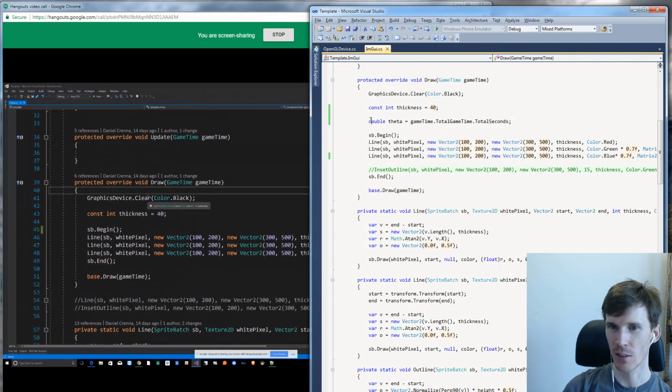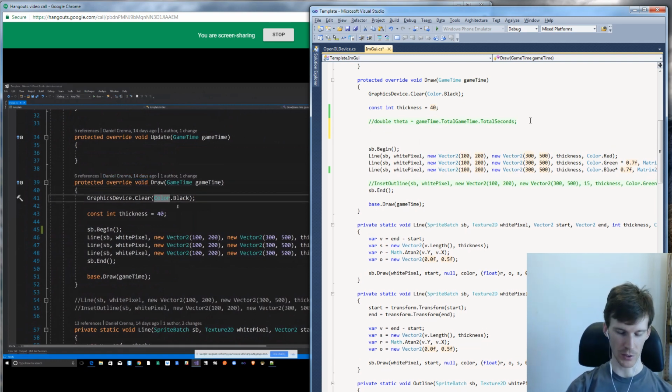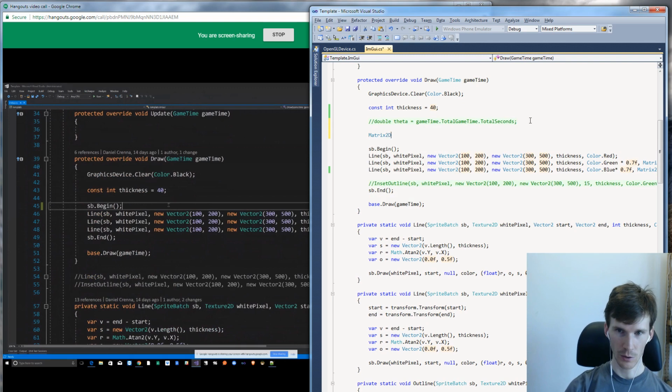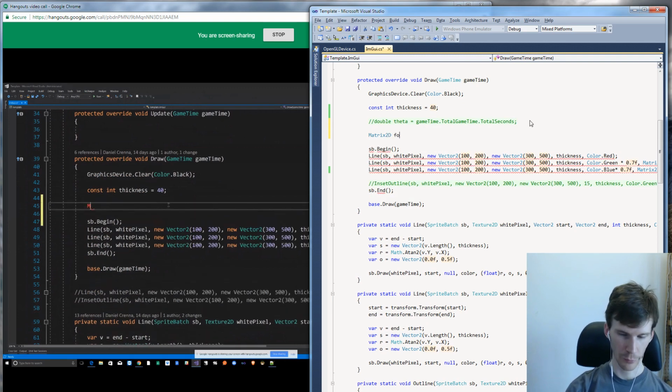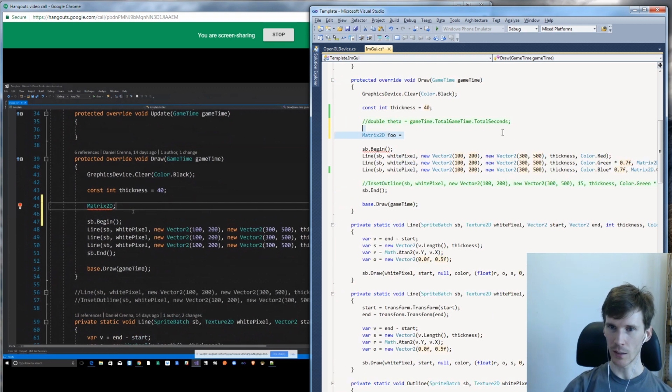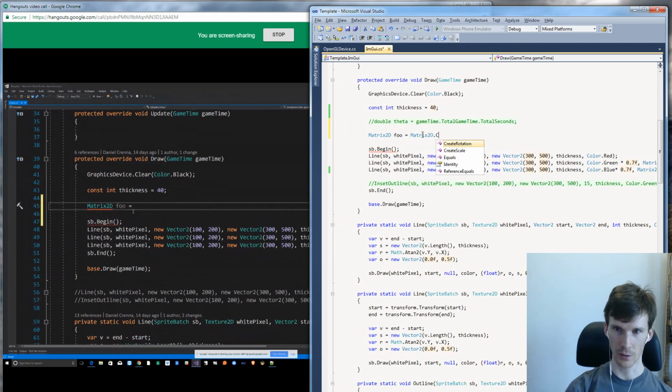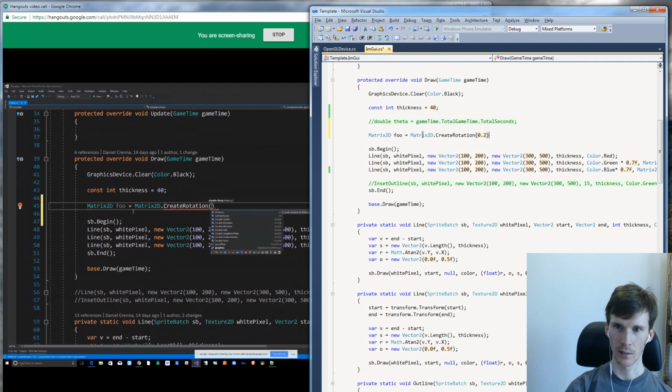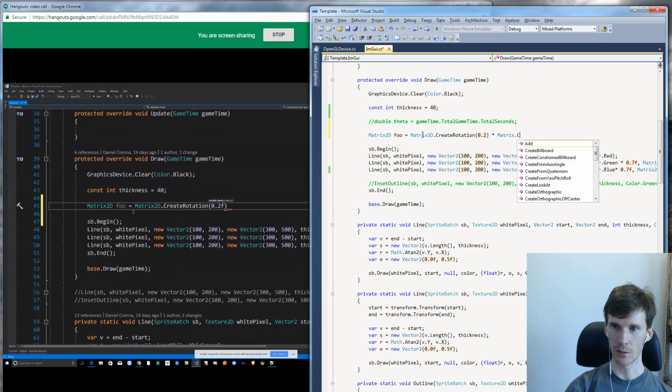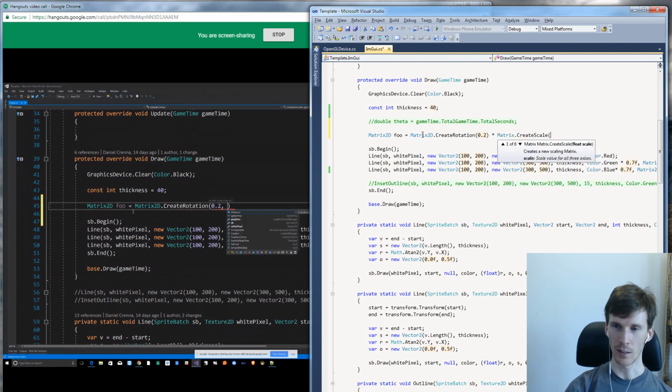So let's try some things. Let's comment that out for now. Let's make some new matrices. Matrix 2D foo equals, okay, we're going to do Matrix2D.CreateRotation, and I think 0.2 was useful, and then times Matrix2D.CreateScale, and let's scale that by 1.5.